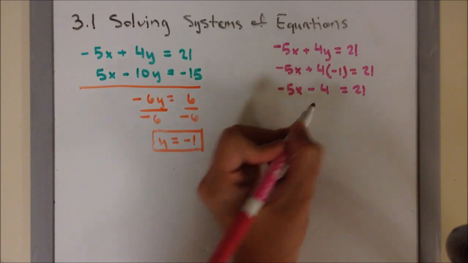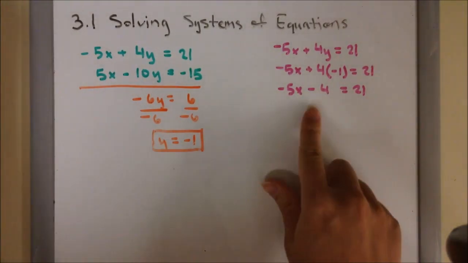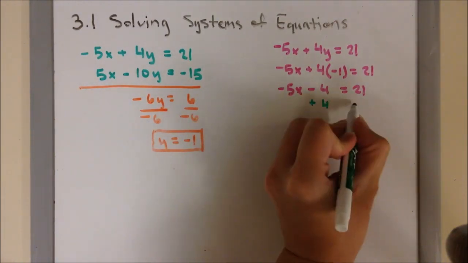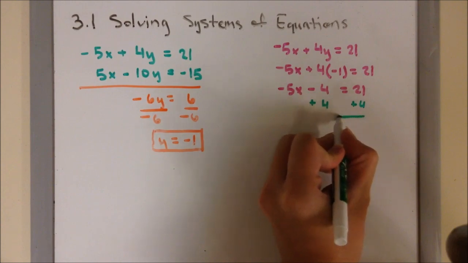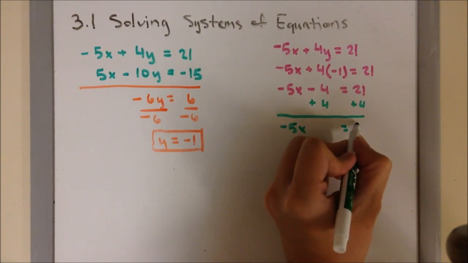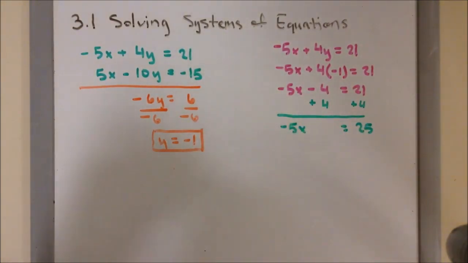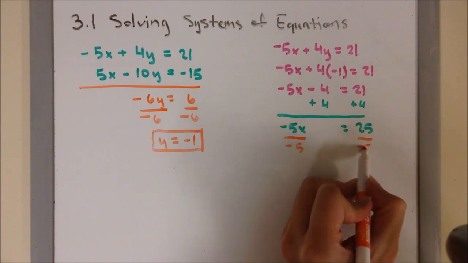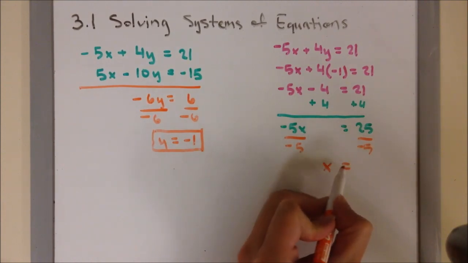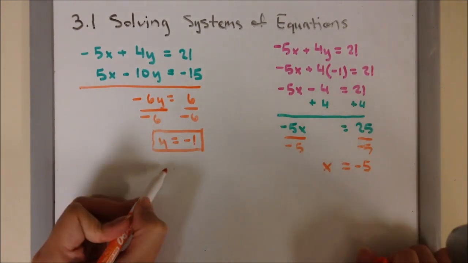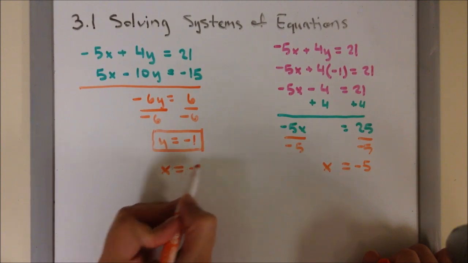And then I'm going to add 4, because I want to cancel out the minus 4. So I'm going to add 4 here. So it will be negative 5x equals 21 plus 4, which is 25. And then I'm going to solve for x by dividing both sides by negative 5. So my x value will equal 25 divided by negative 5, which is negative 5. So my second solution is x equals negative 5.